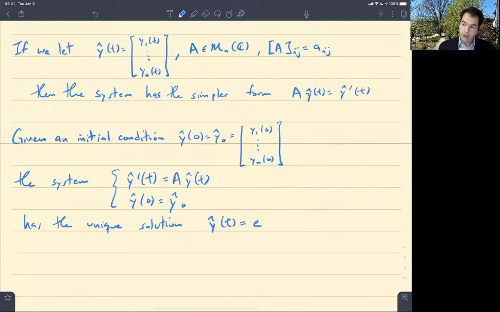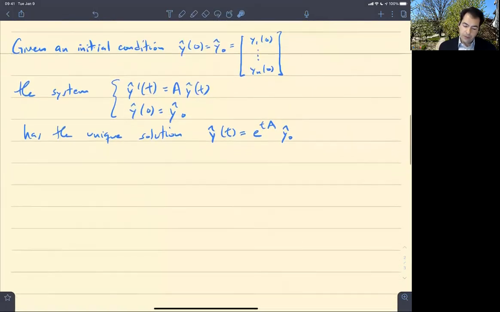Y hat of t is going to be e to the t A y hat naught. But now, of course, this is a matrix, and we're taking the exponential of a matrix. That gives us another matrix. We apply that to this vector, we get another vector, and that vector solves this differential equation.